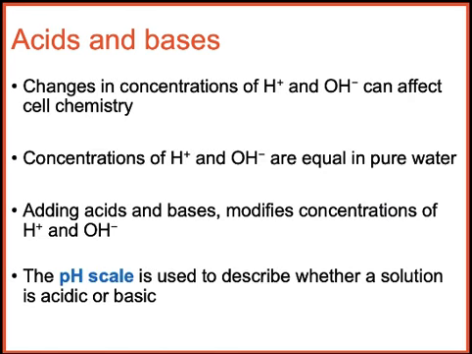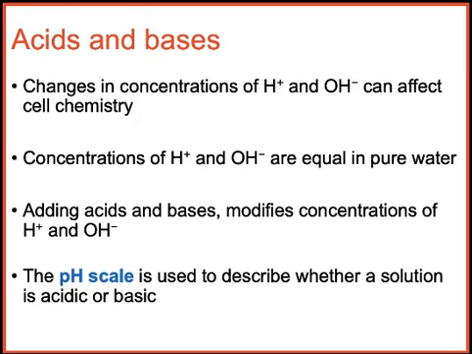So for acids and bases, changes in the concentration of hydrogen and hydroxyl can affect the cell's chemistry, right? Concentrations of hydrogen and OH minus are equal in pure water. It's pure, right? All right, so adding acids and bases modifies these concentrations of hydrogen and hydroxide.